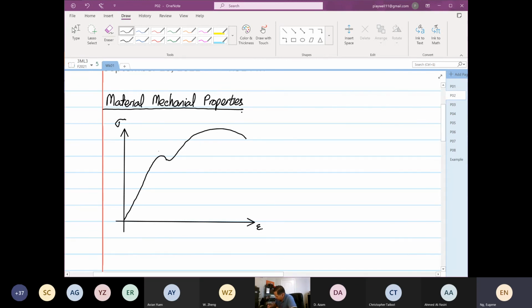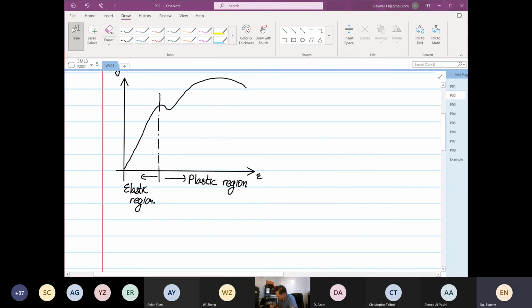Okay, so what we have over here, if I'm going to break this at this stage, over here, this is known as our plastic region. And this is our elastic region. Okay, so for this course, for structure design, right, you want everything in the elastic region.